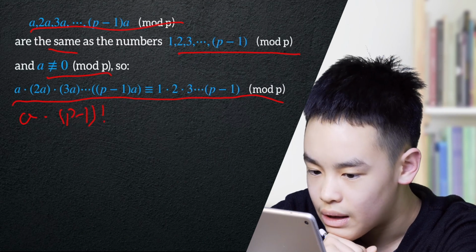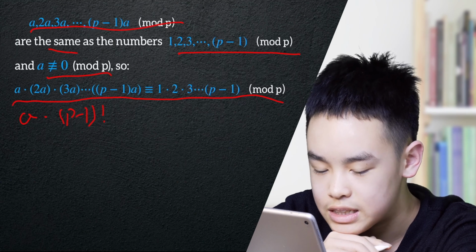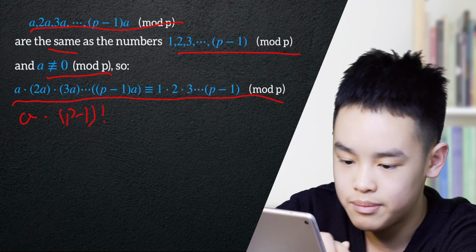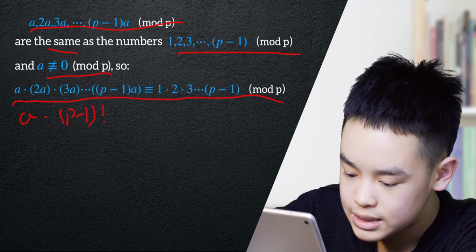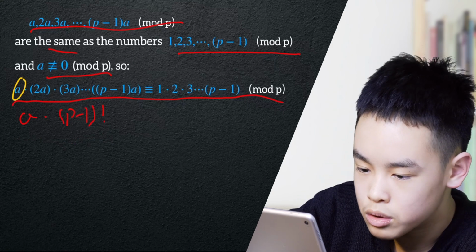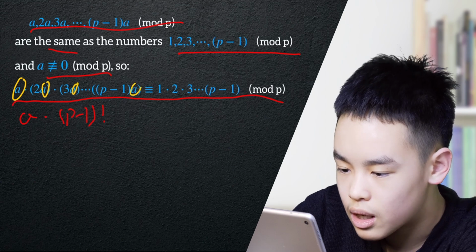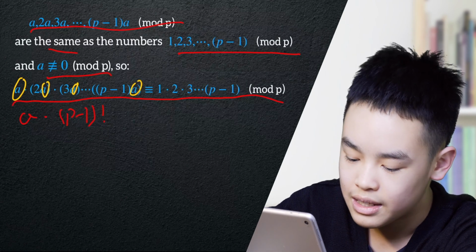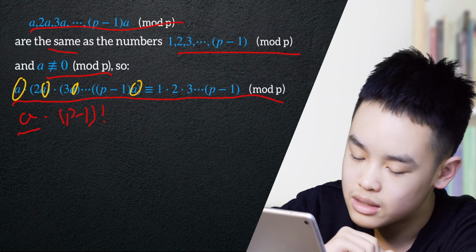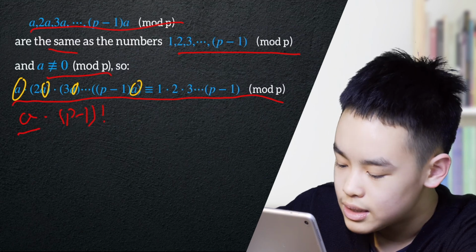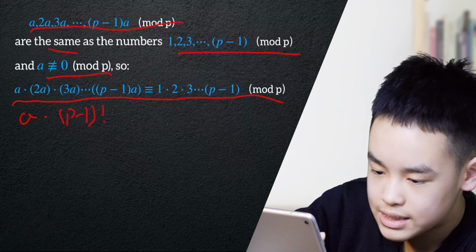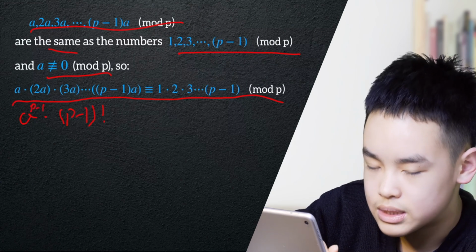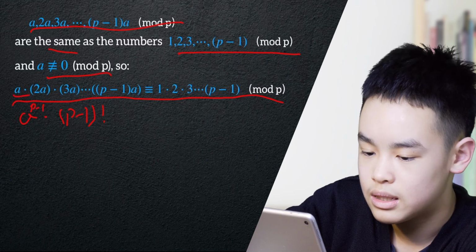Now I am actually missing a thing right now because I can't write it as this, because look, 1, 2, 3, there are a whole lot of a's, and there's only one a over here. So it's not just a. In fact, it's a to the p minus 1th power, since there are p minus 1 a's in this list.